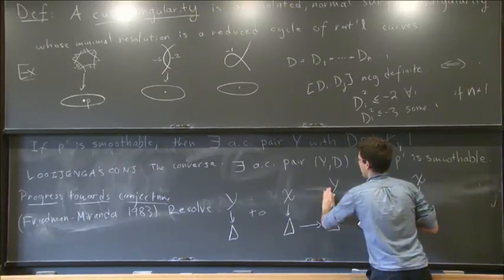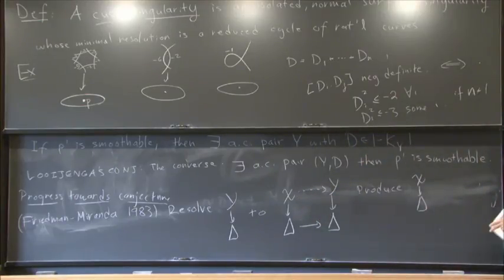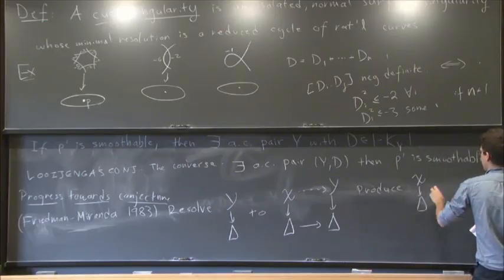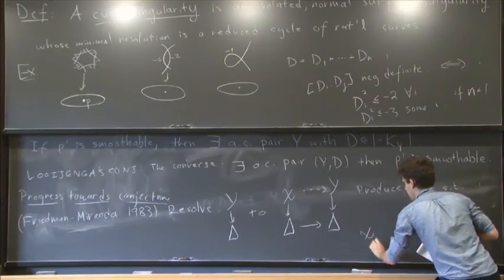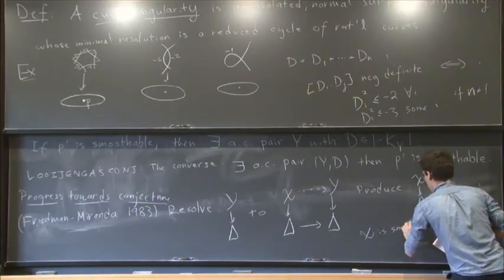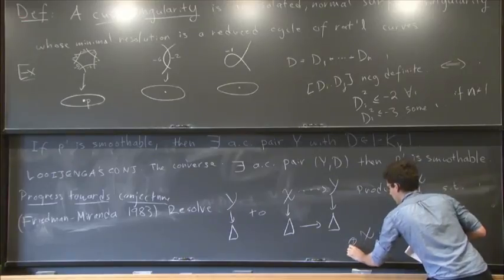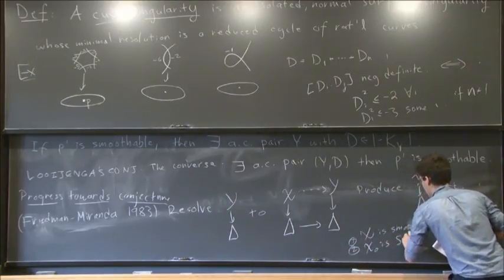I should do a dotted line since they're bimeromorphic modifications. We can produce a family X over delta such that the total space is smooth and the central fiber is simple normal crossings.